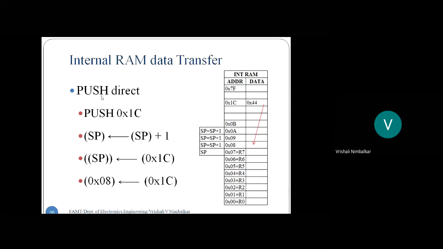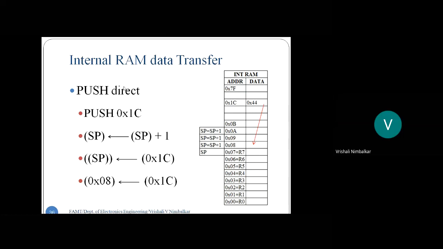So push is storing data into memory. Pop is reading data from stack memory. This is the only way to write push: direct. There is only one addressing mode possible, push direct.